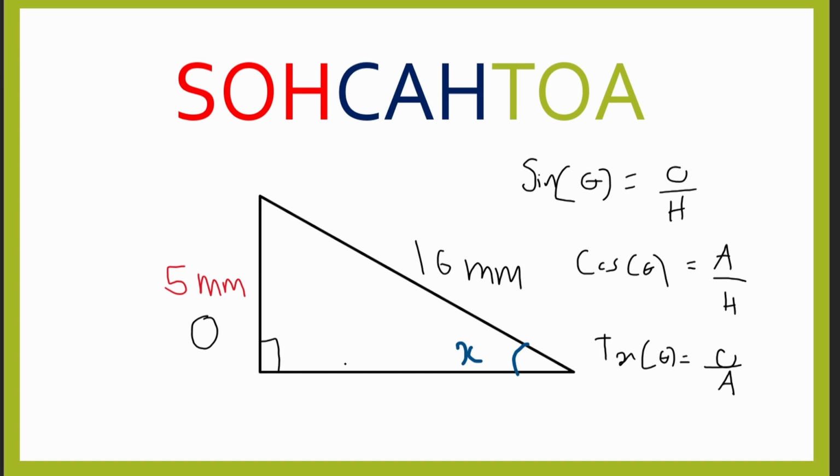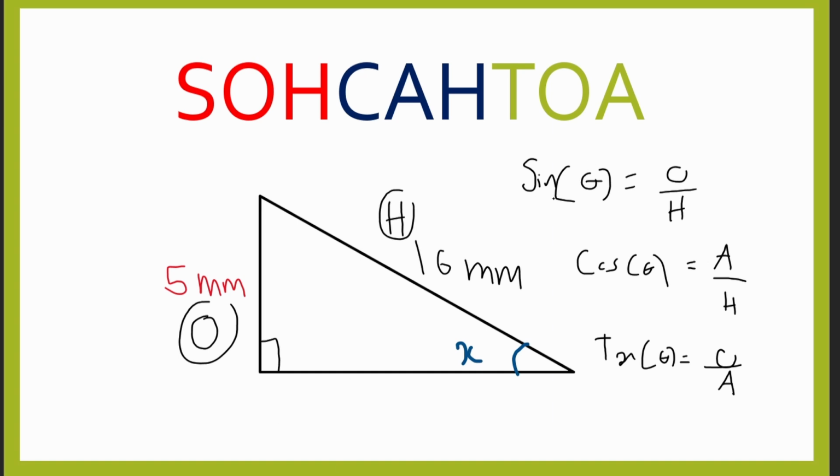Now, SOHCAHTOA works for right angle triangles. Here you have a hypotenuse and an opposite. It can't be tan theta here, because it doesn't have a hypotenuse. So we're going to be using the sine ratio.